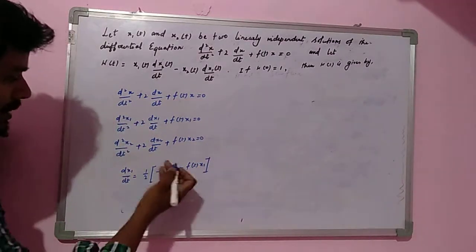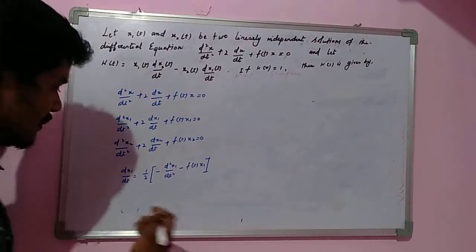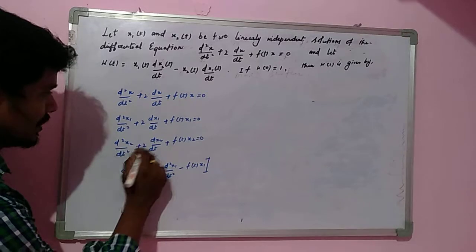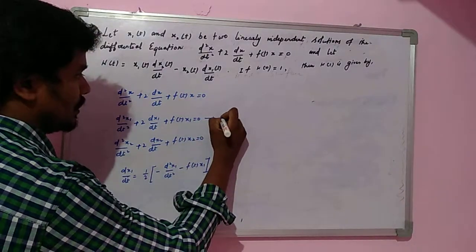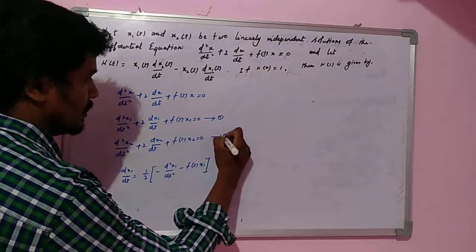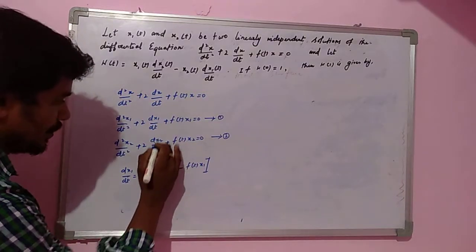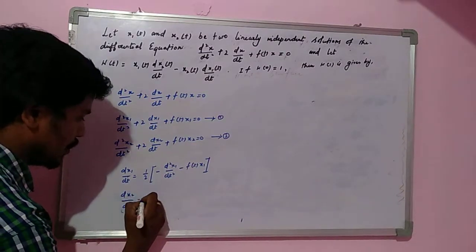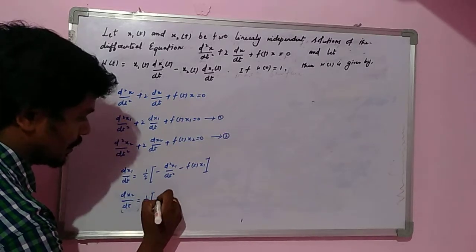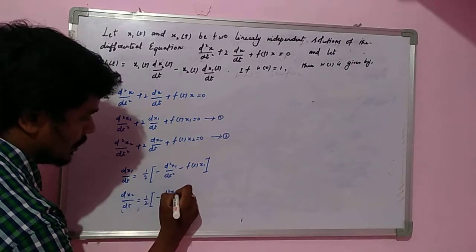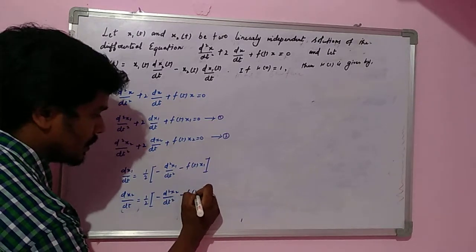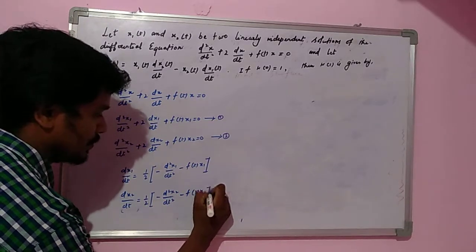You can take all the variables as dependent on t. This is the first equation. From the second equation, you need to find dx2/dt. So dx2/dt = 1/2 times minus d²x2/dt² minus f(t)x2.